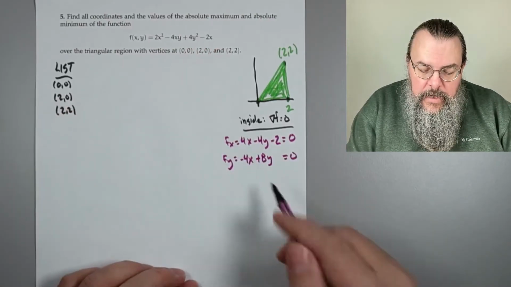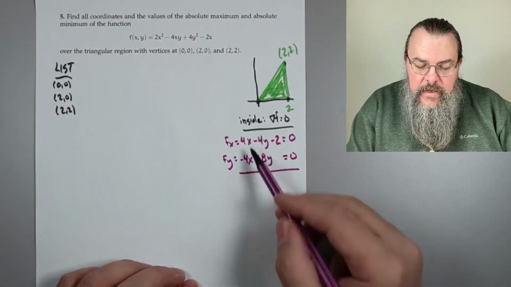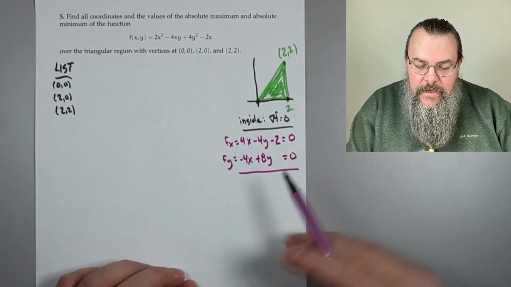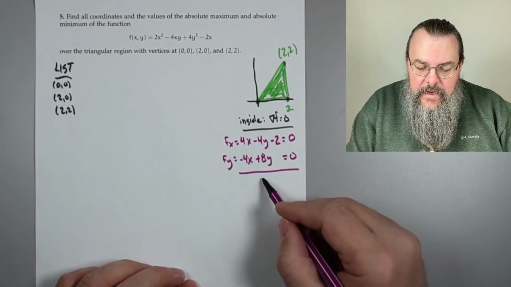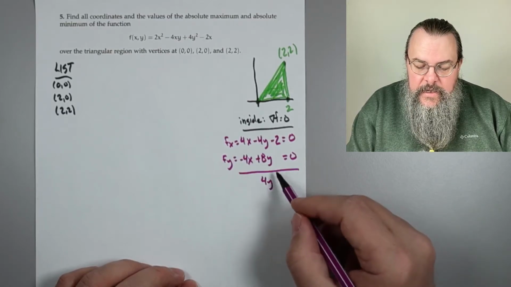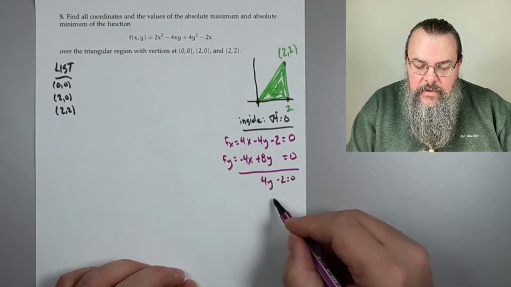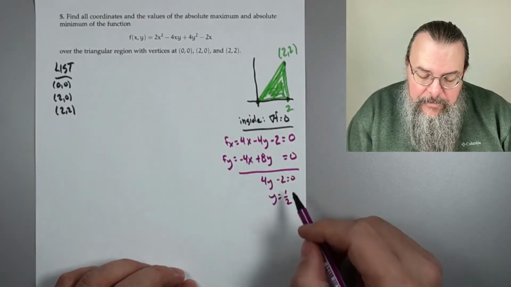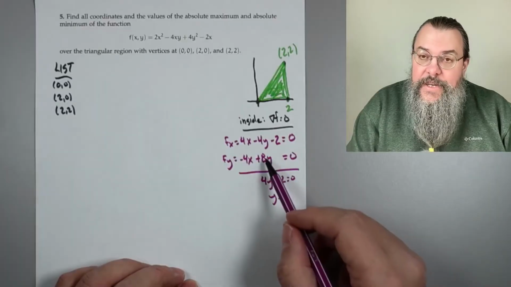All right, if we quickly add these together, you see the 4x's cancel, and then what do we get? We get minus 4y plus 8y, that's 4y, and minus 2 equals 0, which says y should equal a half. And now that we have y equals a half, we can plug it in.